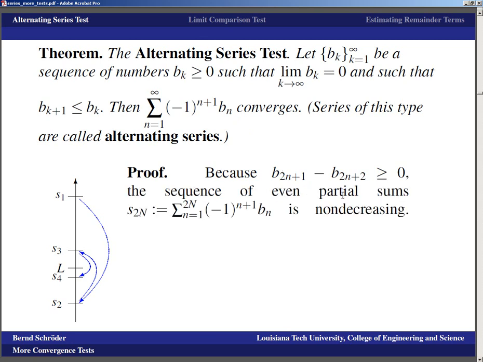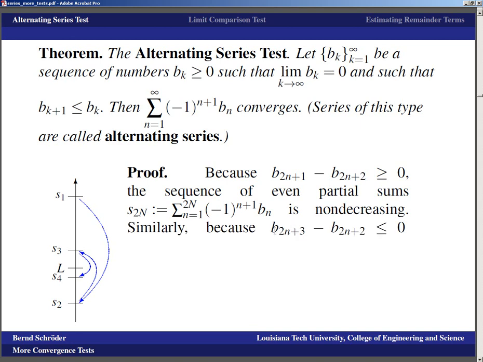So that means the sequence of the even partial sums, the partial sums that go from 1 to 2n, will be a non-decreasing sequence, because this sequence can be parsed as b1 minus b2 plus b3 minus b4 plus b5 minus b6, and so on.